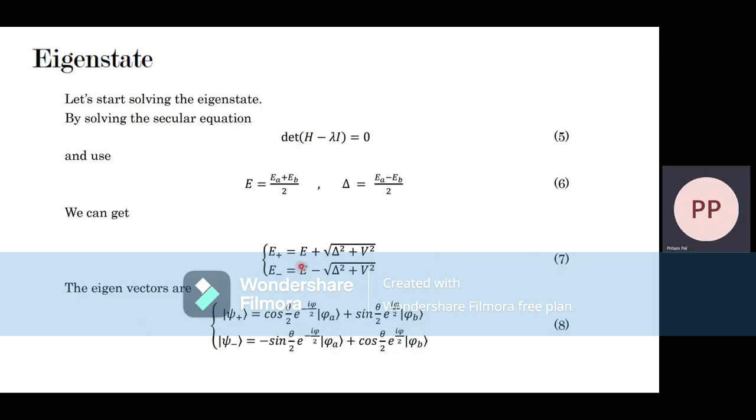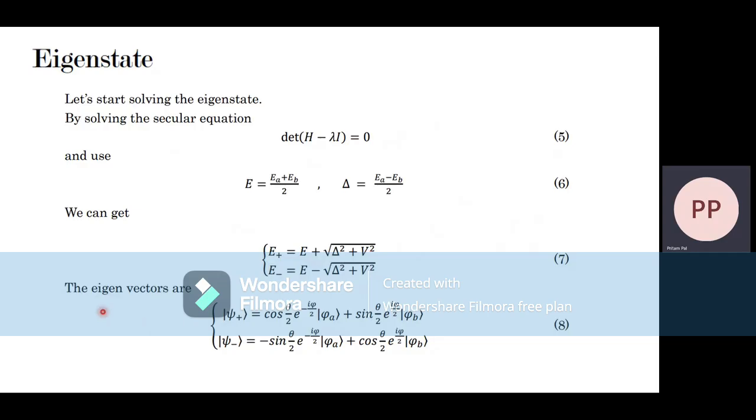As you can see, suppose we have an energy E. One level lies above it by the square root of delta square plus V square, and the other lies below E by the same amount, square root of delta square plus V square. It's symmetric about that energy value E. This is just for simplification, to make the problem easy to understand.